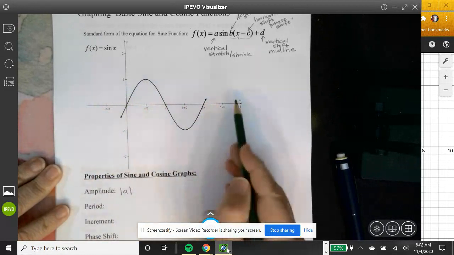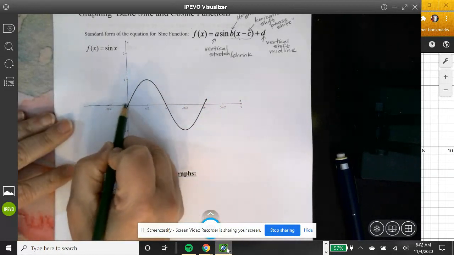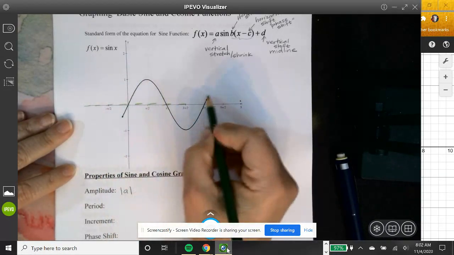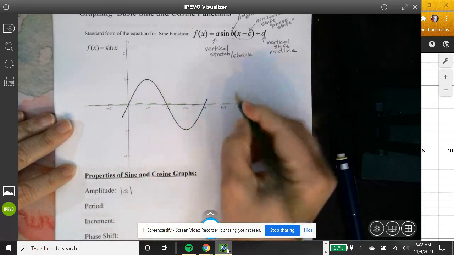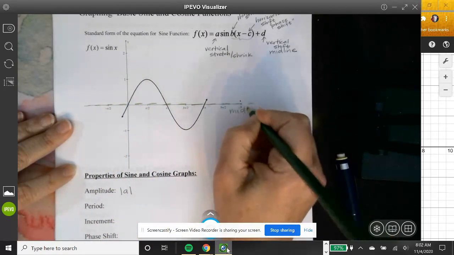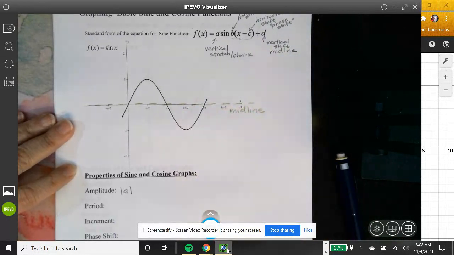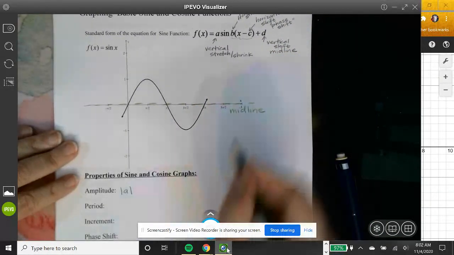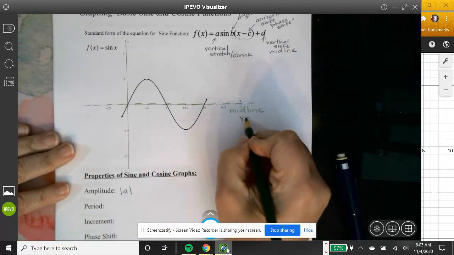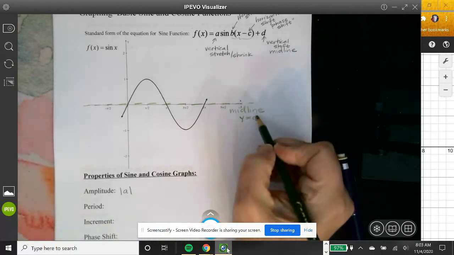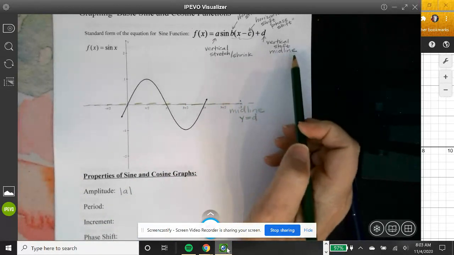In the middle is something we call the midline, and I'm going to put a dashed line here for this. This is the midline, and the midline is always y equals d. That would be your vertical shift up or down.